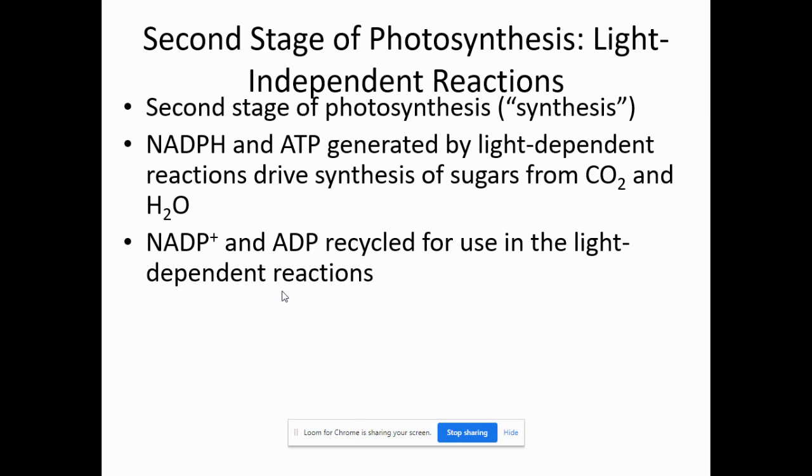Okay, and then once the NADPH and ATP are used up in the light-independent reactions, NADP and ADP are then recycled into the light-dependent reactions to be converted back into NADPH and ATP, so they can come back into the light-independent reactions.